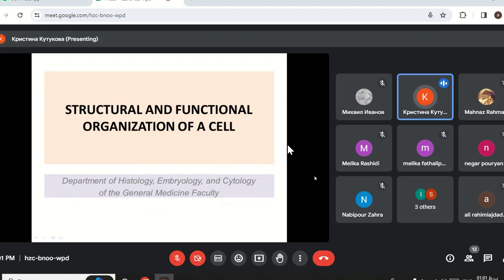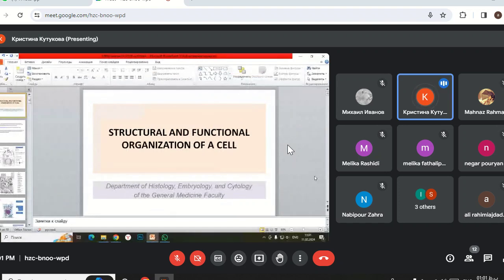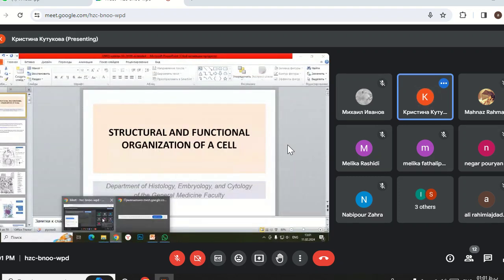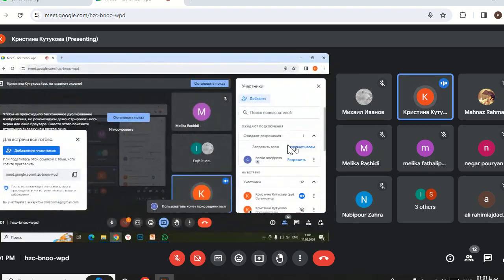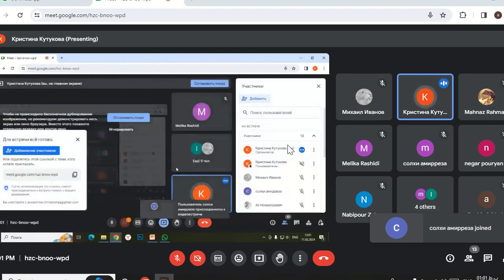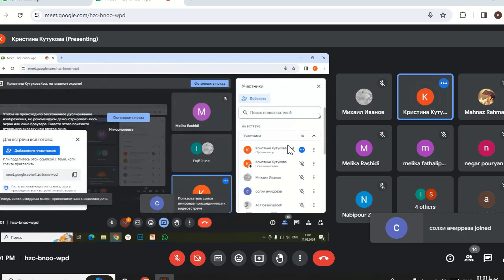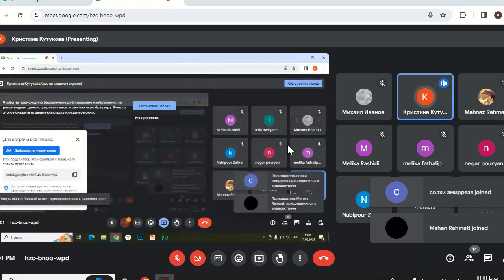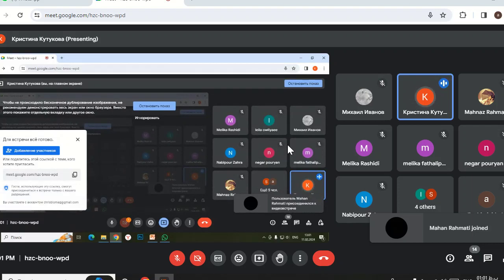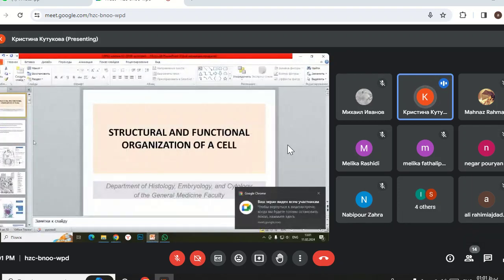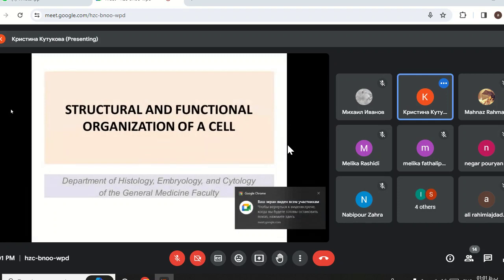So, today we discuss structural and functional organization of a cell. We will discuss the ultrastructure. Ultrastructure means very, very tiny, small structures inside the cell. It means that we will see the pictures obtained with the help of electron microscope.